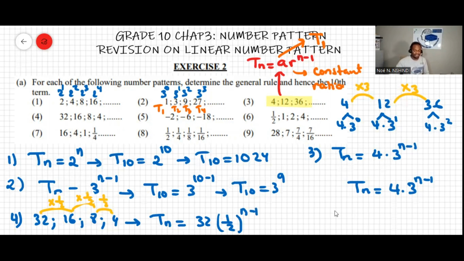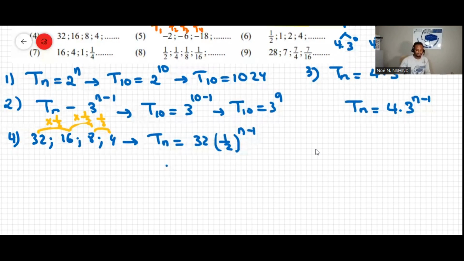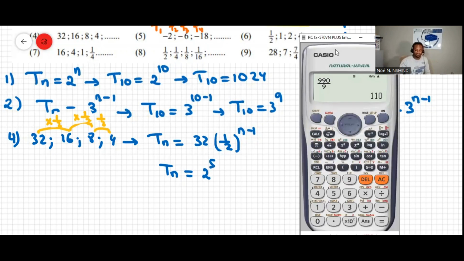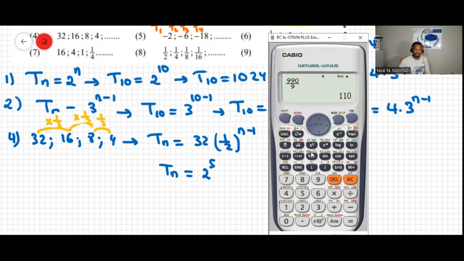Now, it's always better to simplify. 32, you can write in terms of its prime factors. It's going to be 2 to the power 5. If you're unsure, you can do the tree diagram, or you can use a calculator: type 32, press equal, then press shift, and then the button fact.